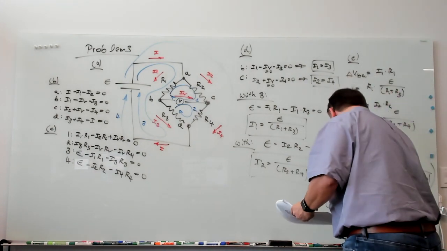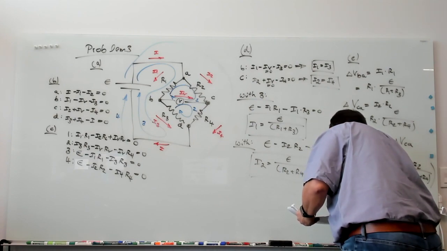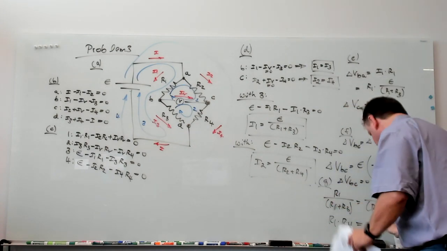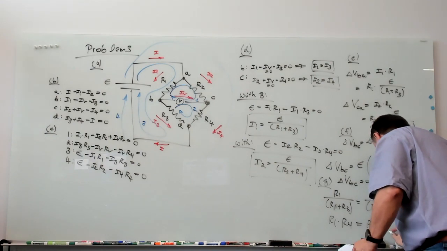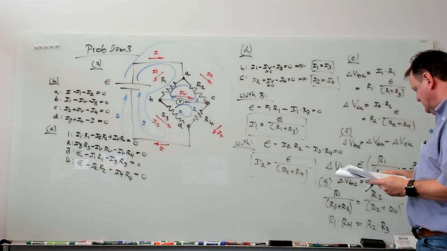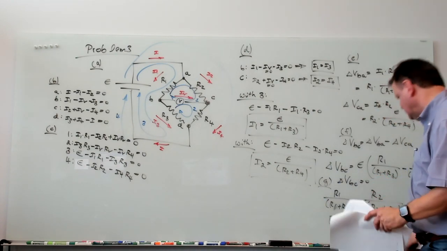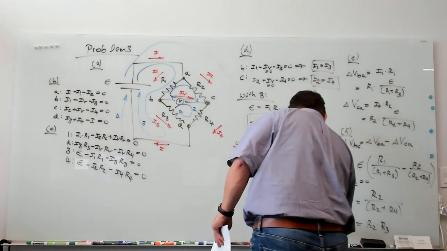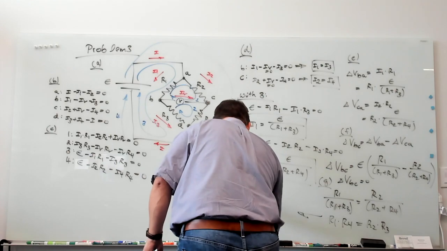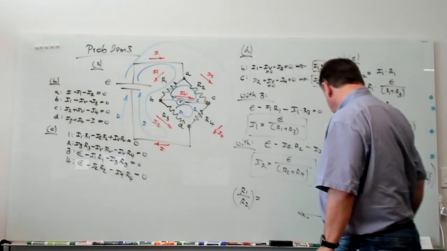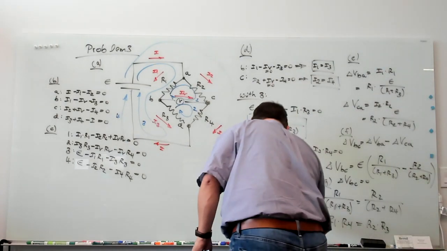So this cancels out, and what you are left with is R1 times R4 equals R2 times R3. And you can write this then as that ratio, that R1 divided by R2 equals R3 over R4.